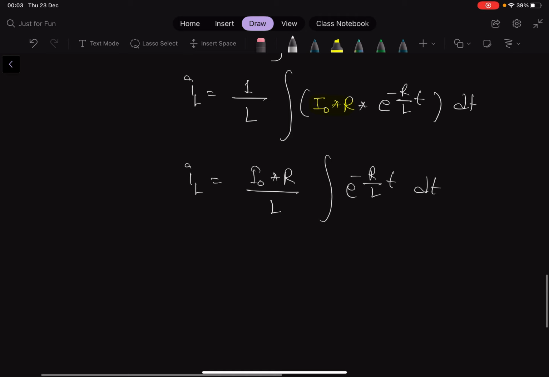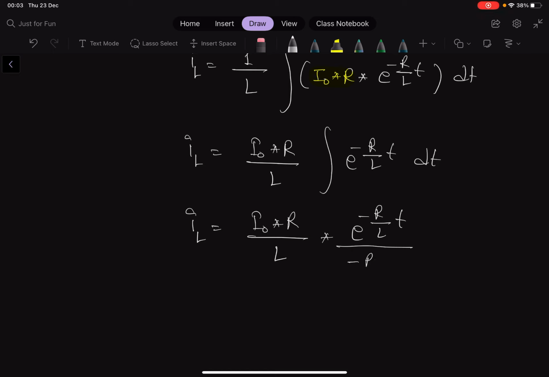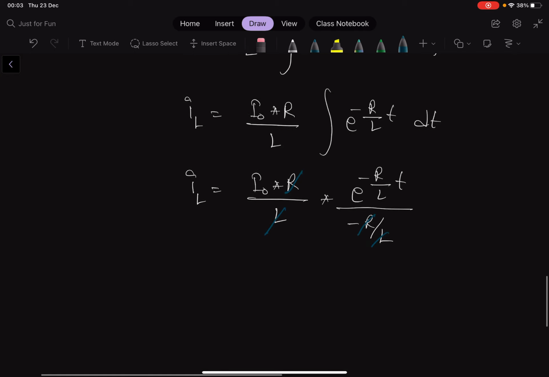Then we can simply do the integration here. So IL equals I naught times R over L, and then the integration is basically e to the power minus R over L t. However, it's going to be divided by the same thing, which is minus R over L. So you can see L will go up, R will go down, and we can cancel this R and R, this L and L. So what did we get finally?